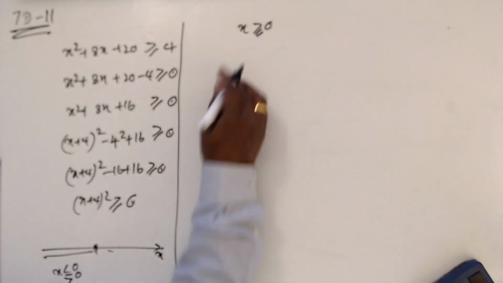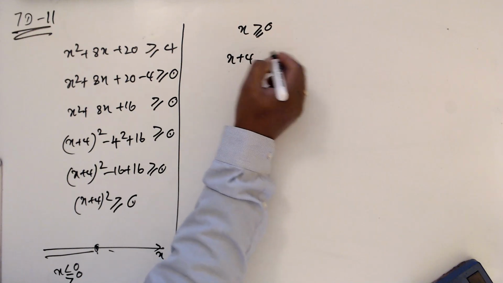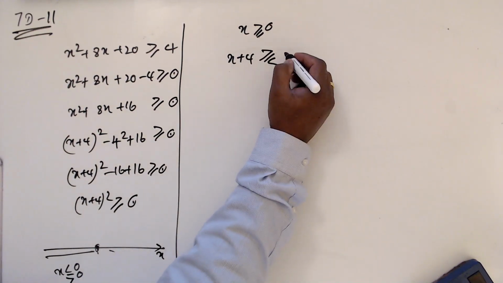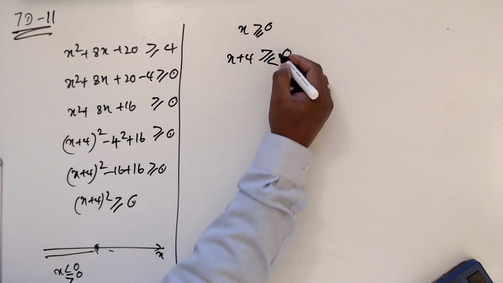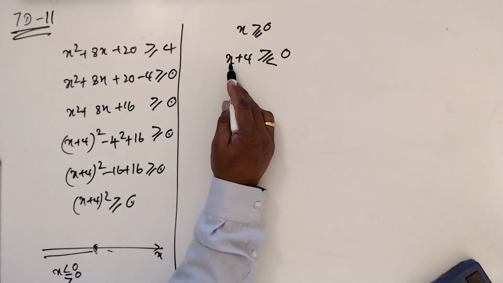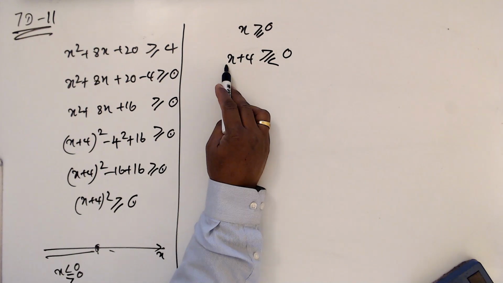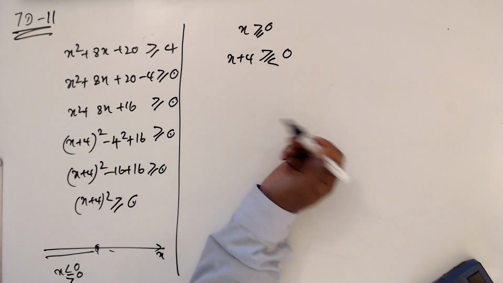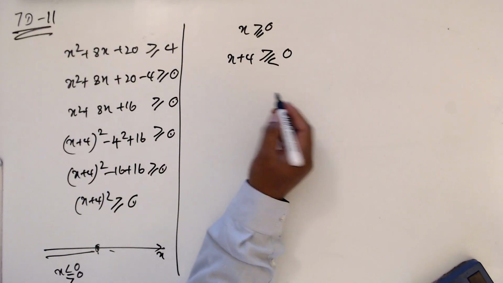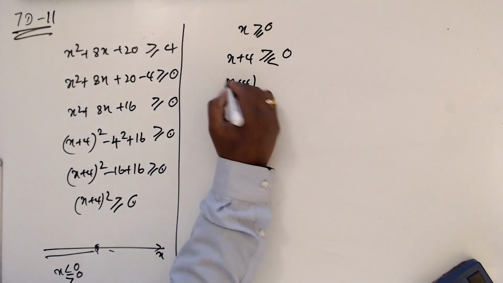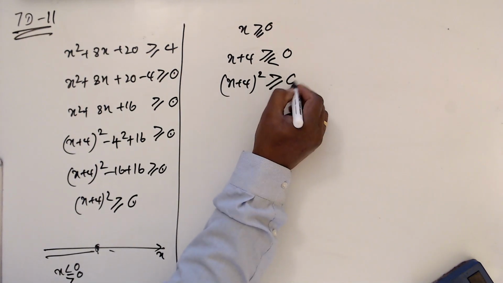I have to give it again. X plus 4 is greater than or equal to 0 according to the x value; the big x values and small x values still stay the same. But (x plus 4) squared is greater than or equal to 0.